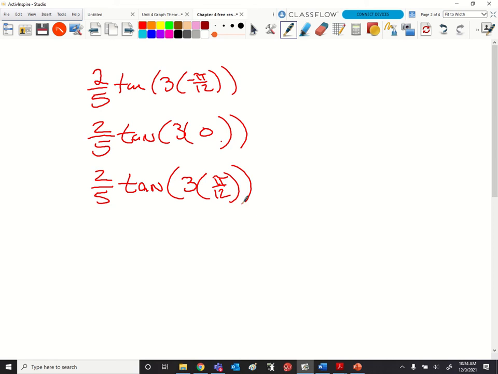Right here, we're going to get a negative 1 times 2/5, which is negative 2 over 5. Tangent at 0 is going to give me 0. And then tangent at positive pi over 4 is 1 times 2/5, which is 2 over 5.